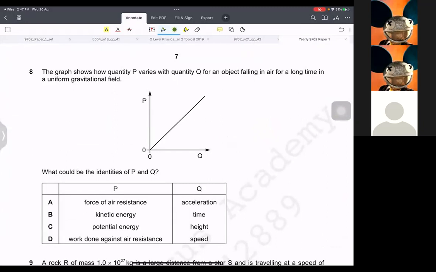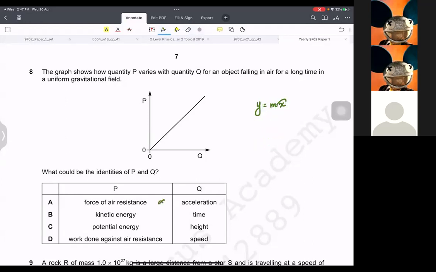Let me think. First of all, I want to tell you, this is a straight line graph, so it should basically from origin should depict somewhat like this. Force is equal to ma. So if we keep x on a, if we keep force on y, but this is force of a resistance. That's wrong.